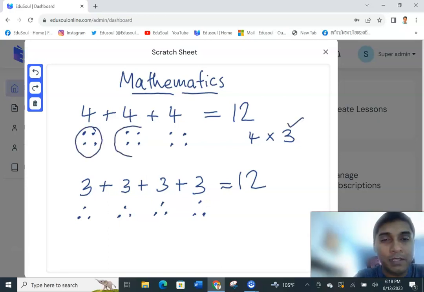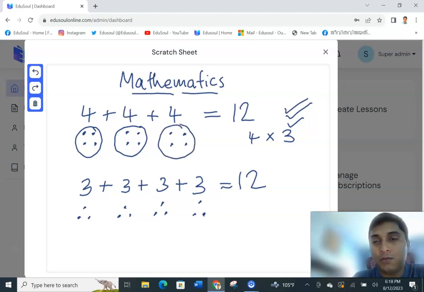This is that second 4, and this is the third 4. So 4 times 1, 4 times 2, 4 times 3, and you get 12 as the answer.